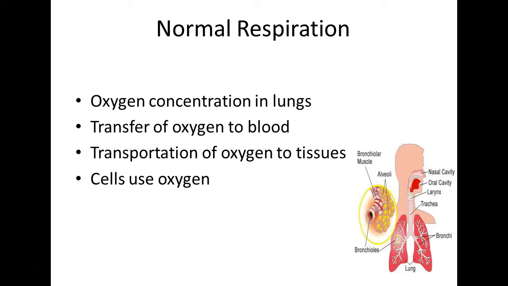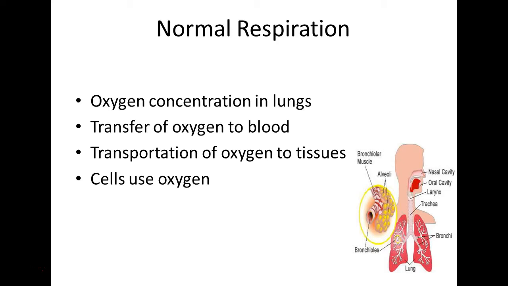Okay, so again, and you'll hear me say this over and over again, how does this exchange of O2 and CO2 occur? By diffusion, which we talked about a couple of slides ago. O2 diffuses from the alveoli into the blood, and the CO2 from the blood to the alveoli so that we can exhale it.